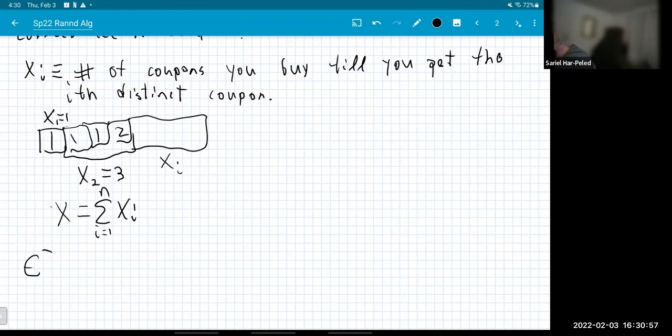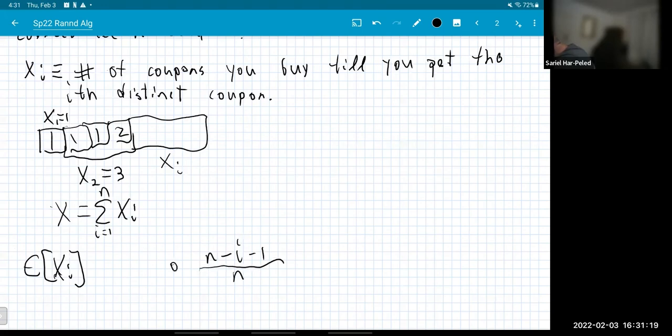So let's think about X of i. What is the expected value of Xi? We already collected i minus 1 coupons. So the number of coupons that we don't have is this.